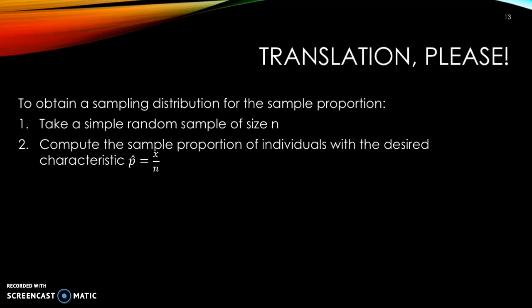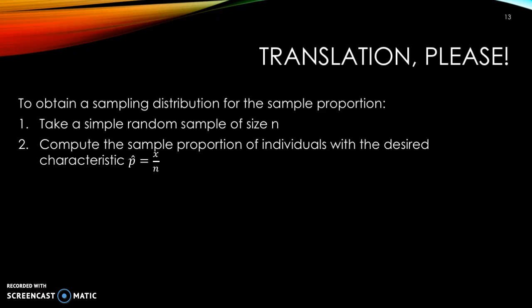So say I'm collecting a sample and I'm looking for the number of individuals who have blood type O negative. So I'd be looking at my total sample size, let's say it's 100, and out of those 100 individuals that I randomly sampled, I want to count up how many of them had the blood type I was looking for. I take how many have that blood type divided by 100 to get my value for p hat.